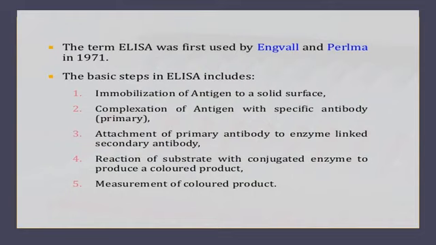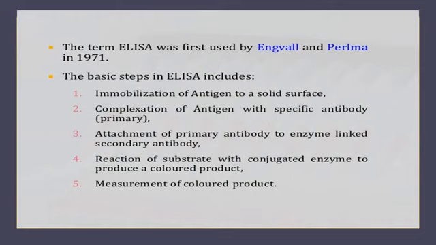Also the next step is the reaction of the substrate with the conjugated enzyme to produce a colored product. So when there is an antigen binding with the primary antibody, then the secondary antibody is linked with an enzyme. If this reaction happens, and when we add the substrate and there is a correct binding of the antigen with the antibodies, the color will develop, and that's what the plate reader will detect.